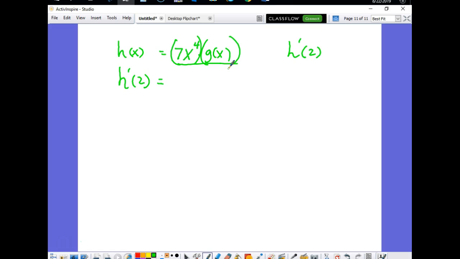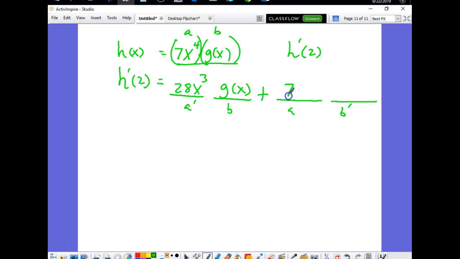Right? So the product rule would look like this. Blank, blank, plus blank, blank. Right? So we'll call this A, we'll call this B. A, B, A, B. Prime one, prime the other. Remember that? So A prime is going to be 28x to the 3rd. B stays the same. A is going to be 7x to the 4th. B prime is going to be g prime of x.